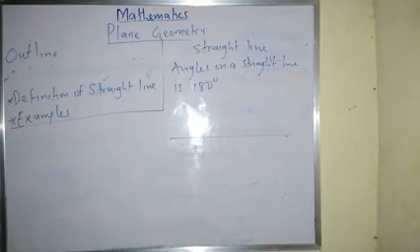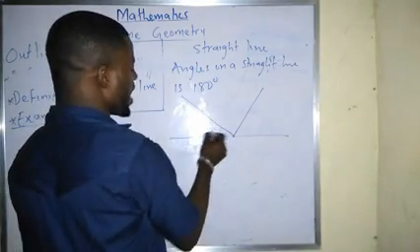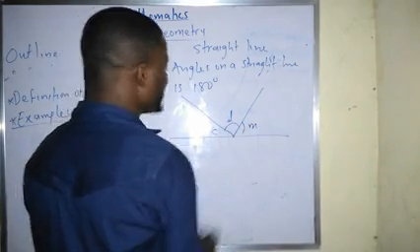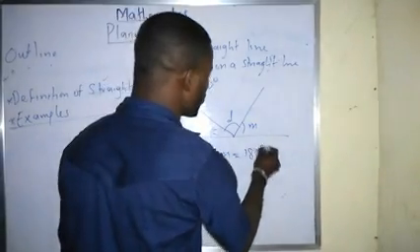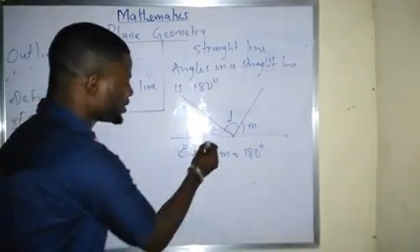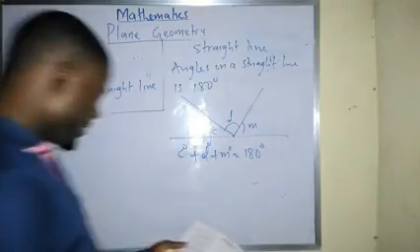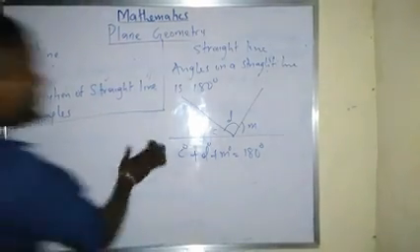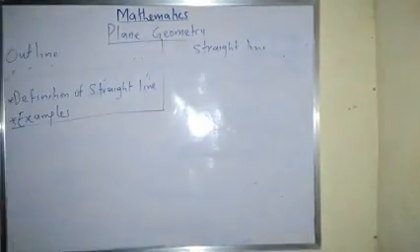Let me use something to bolster my point. If I have something forming here, I have C, I have D, I have M. What I mean is that if C plus D plus M equal 180 degrees, they are all angles on a straight line. Now, the sum of angles in a straight line is 180.